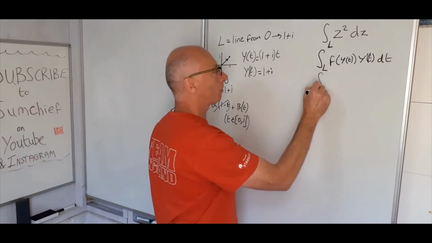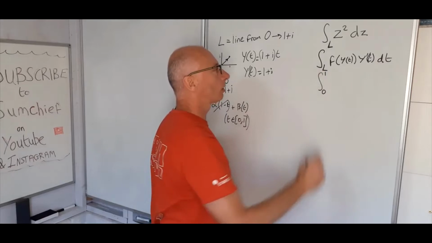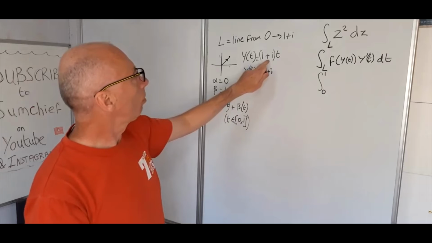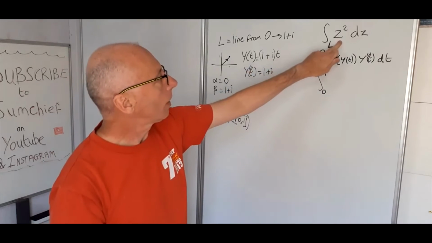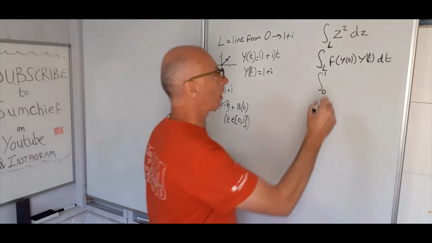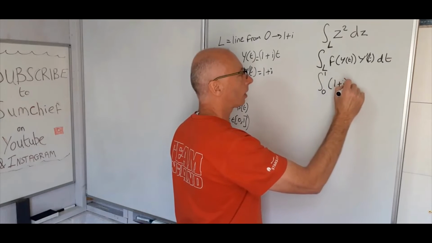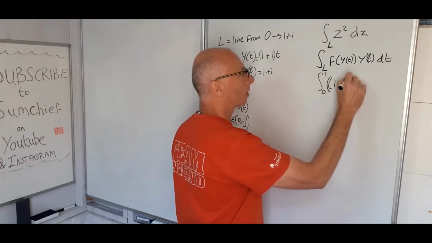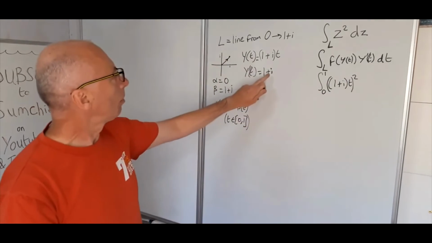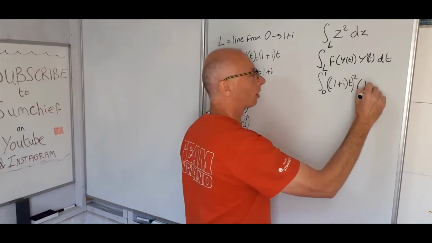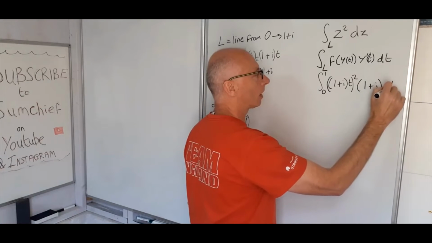So let's plug that in. f of gamma t, so we've got 1 plus i t, and the function is z squared. So what we're going to have here now is 1 plus i times t, squared, and multiply this by 1 plus i with respect to t.